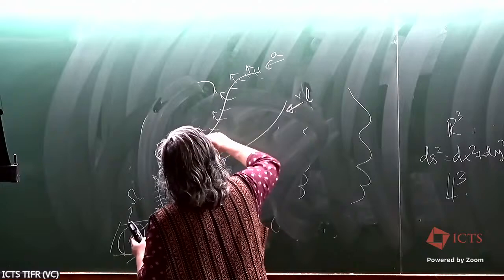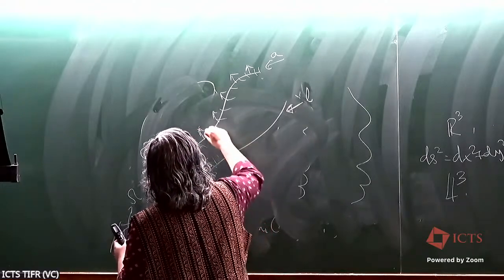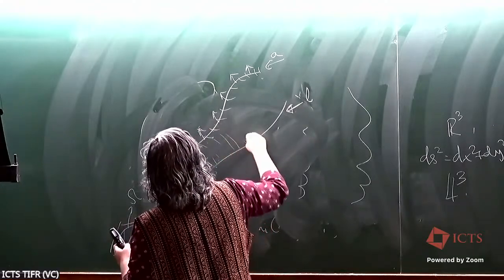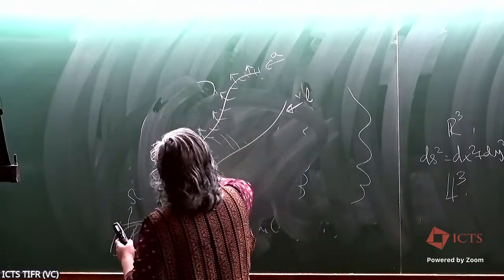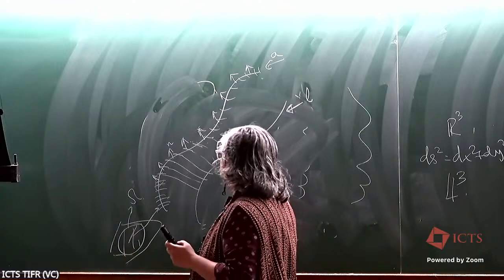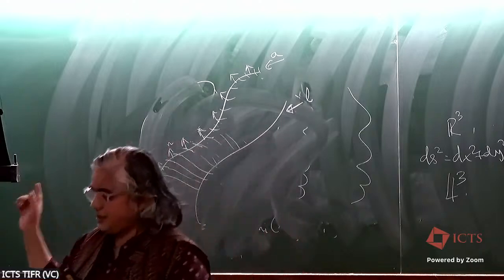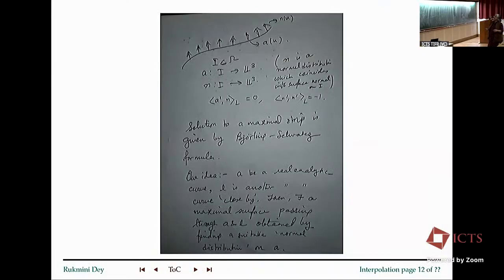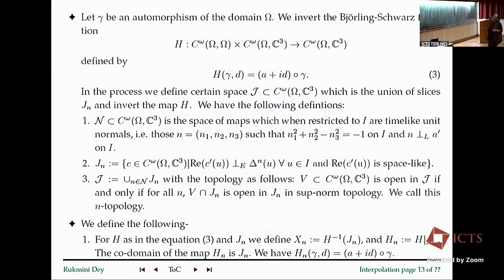How close should they be such that this Björling problem, this Björling solution actually extends? So what N should we take, and how should we extend it so that it contains the other curve? That is the simple idea.